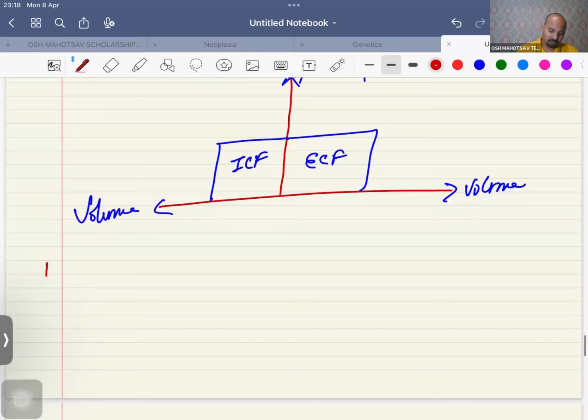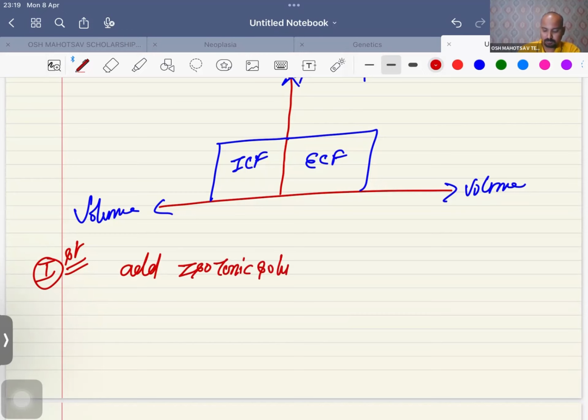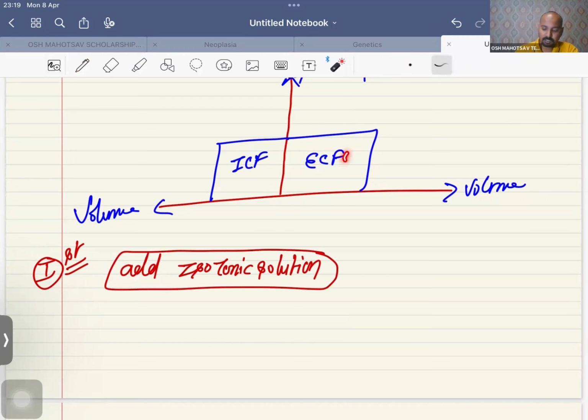So first case, if we add isotonic solution. ECF means, everybody knows, I think, plasma and interstitial fluid. Okay. So if we are adding isotonic solution, what is an example of isotonic solution?